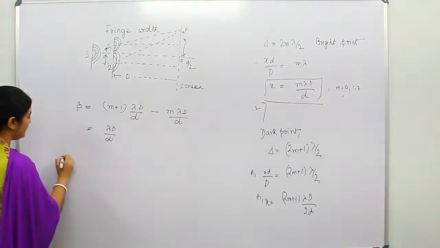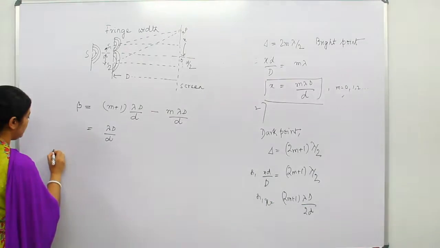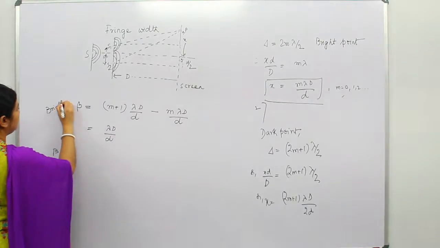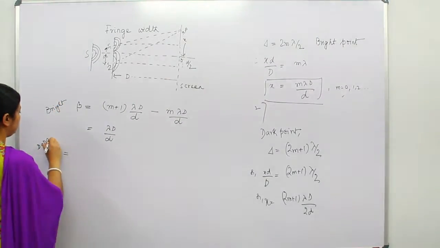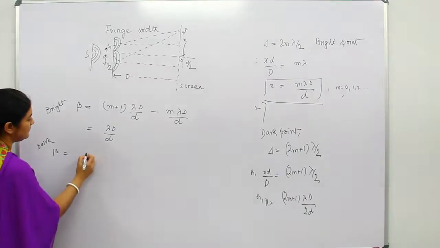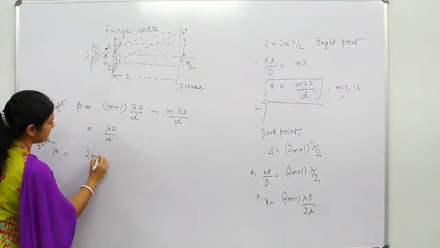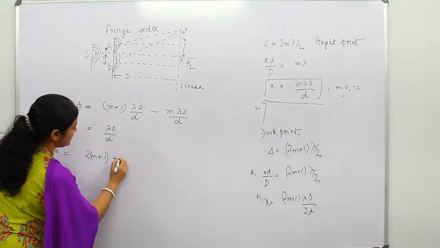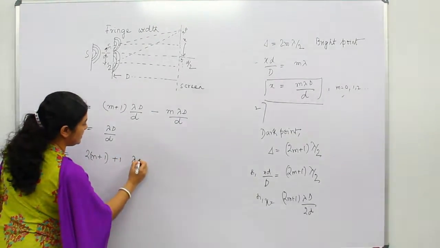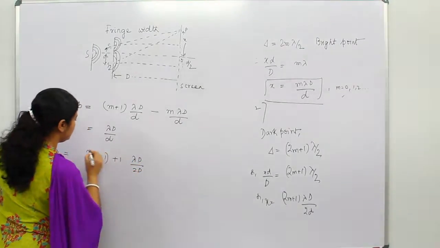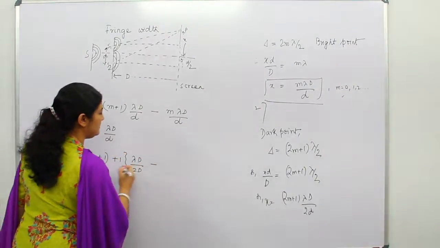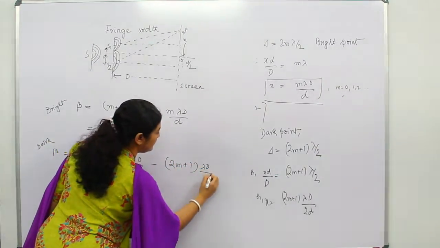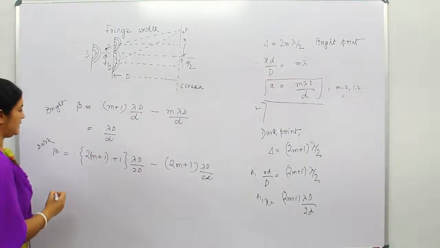Again for dark points, beta equals 2m plus 1 plus 1 lambda D by 2d minus this.